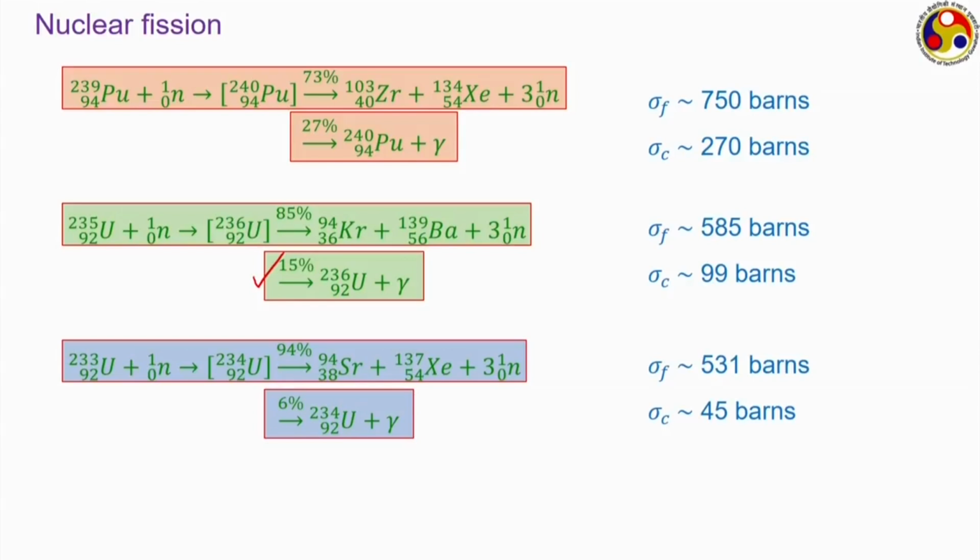In only about 6% of cases we can see that uranium-234 ejects gamma rays and comes back to the ground state. So, there are possibilities of having both fission reaction and non-fission capture after the neutron gets absorbed, and we can get the ideas just by knowing the values of these cross sections.